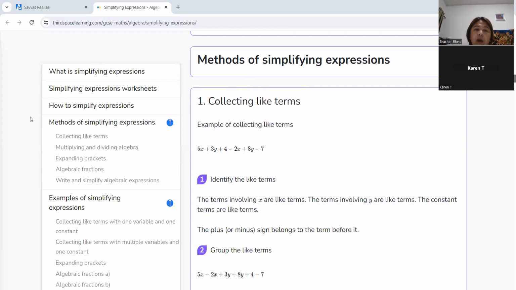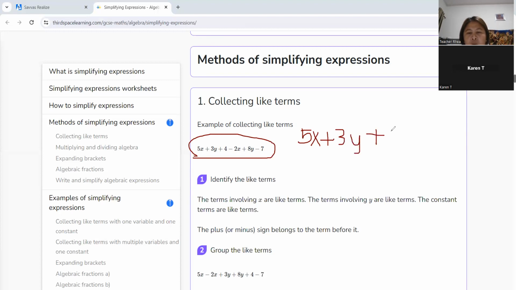For example, this is an algebraic expression: 5x plus 3y plus 4 minus 2x plus 8y minus 7. So the first step is you collect like terms.